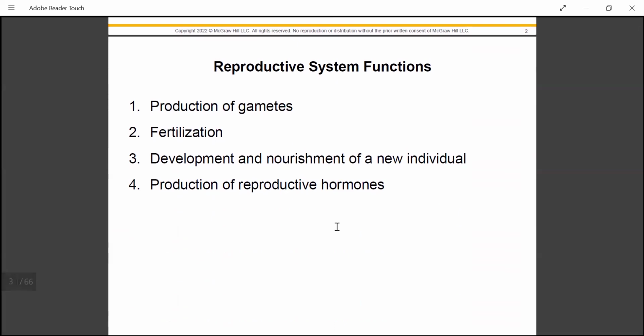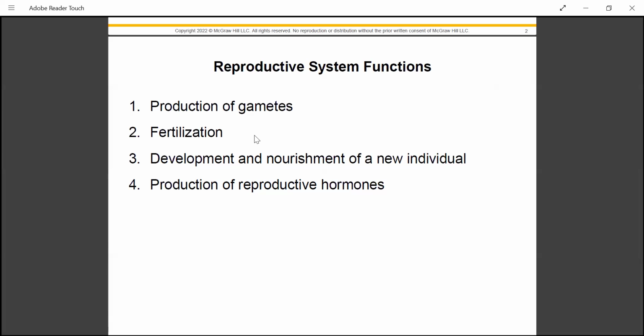So the functions of our reproductive system: they produce gametes. Gametes, you'll see, is our term for our sex cells, our egg and our sperm, depending if it's male or female. Fertilization: our male reproductive system is charged with delivering the sperm to the female reproductive system, which obviously houses the egg, and the fertilization process itself takes place within the female reproductive system.